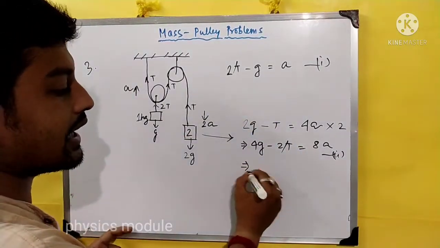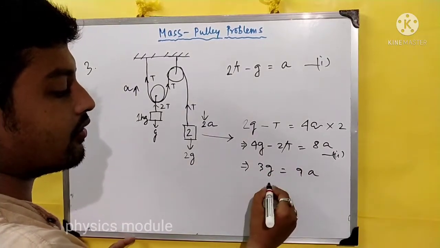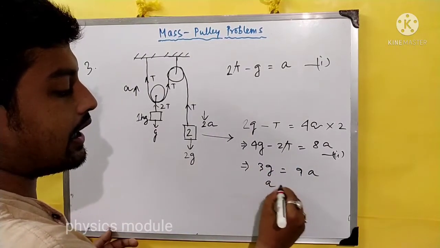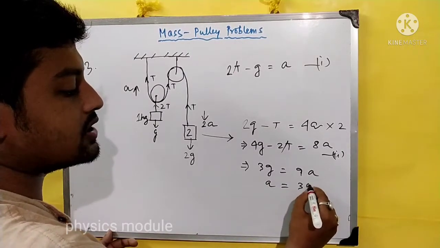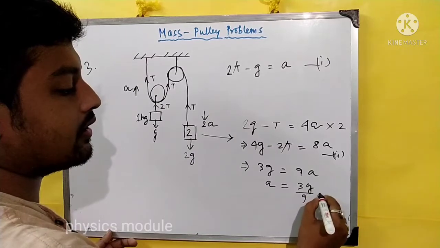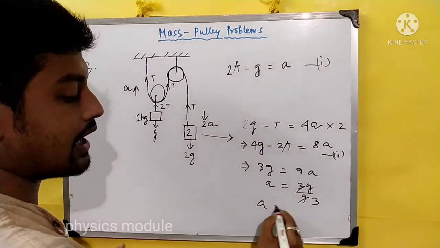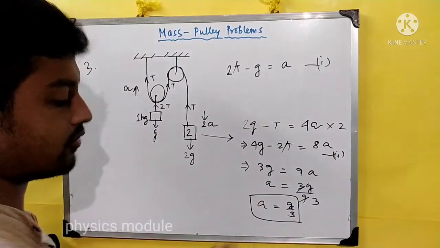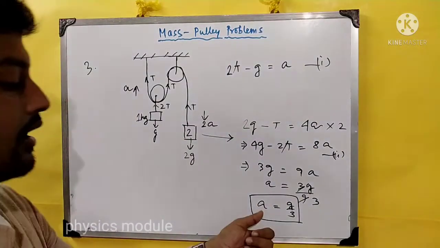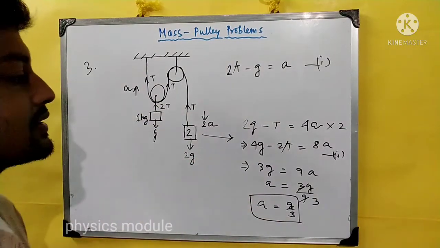So you will get 3G equals 9A, which will be A equals 3G by 9, which is G by 3. Okay, acceleration will be 1/3 of the value of gravitational acceleration. Acceleration of this system will be 1/3 of the value of gravitational acceleration.